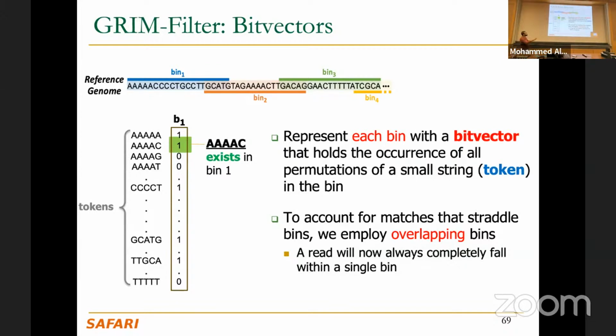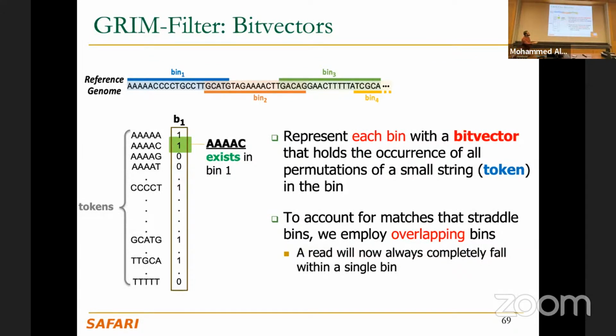Now what are these? These are all possible values of a subsequence of length 5. So how many of them? For each position, you have 4 options, either A or C or G or T, right? And the length is 5. So 4 to the power 5, or 4 times 4 times 4 times 4 and so on, right? That is the length of the bit vector you can have.